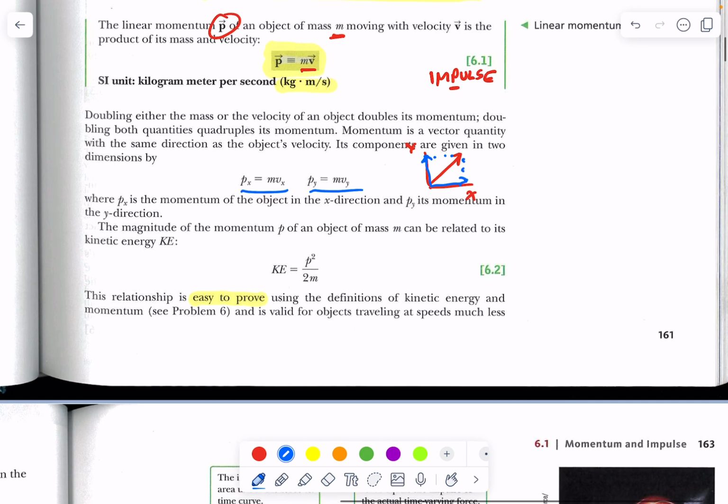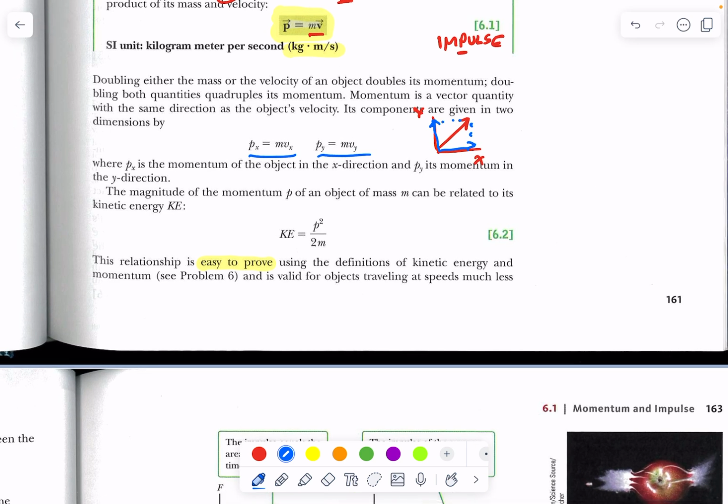Now, the magnitude of the momentum can be related to its kinetic energy. Remember, kinetic energy also has mass and velocity in it. The kinetic energy is 1/2 mass times velocity squared.